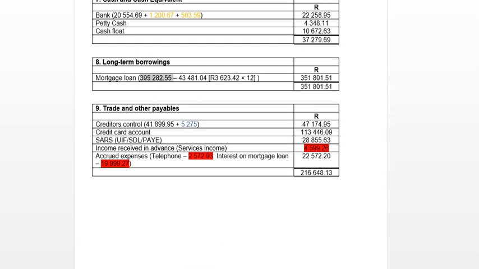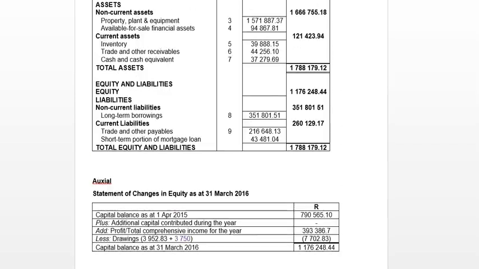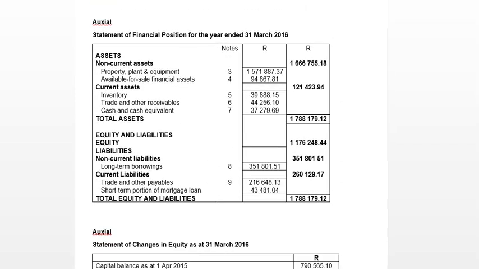So our loan is 395,282, but our short-term portion is this 3,623 Rand, which we pay for 12 months, for every month for the next year. So short-term portion represents 43,481.04 cents. And our long-term portion is then 351,801.51 cents.